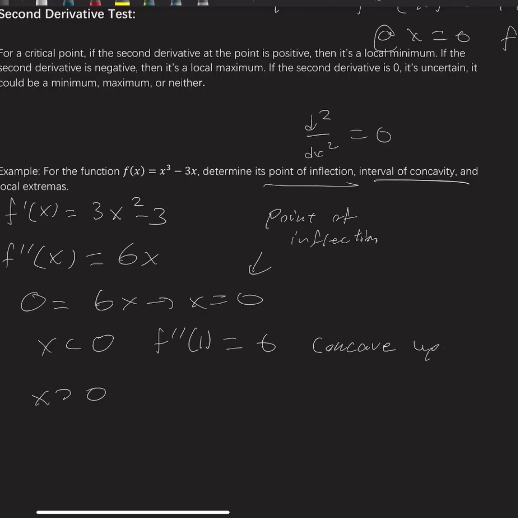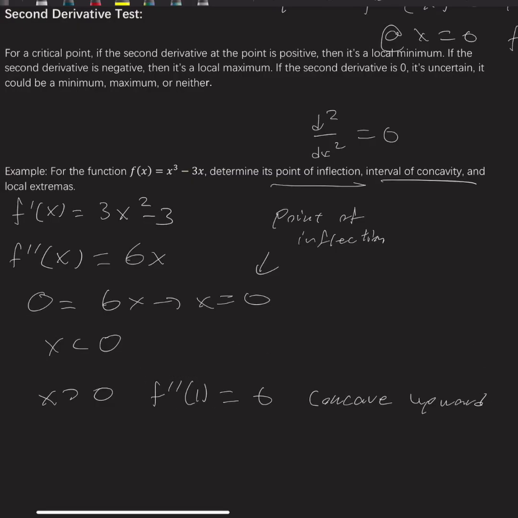This should be x greater than 0. For x less than 0, let's do f double prime of negative 1, which is equal to negative 6, which means that it's concave downward.